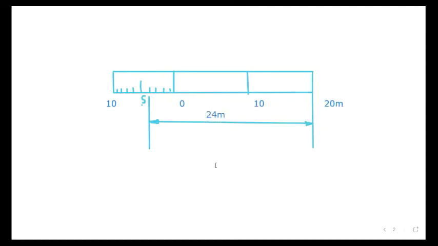Yeah, so this is about the plane scale. First you have to find out the RF, then find out the maximum length of the scale, then find out the drawing length. This represents 0 to 30. So 150 millimeter line will represent 30 meter.